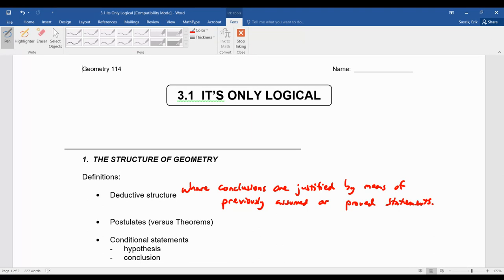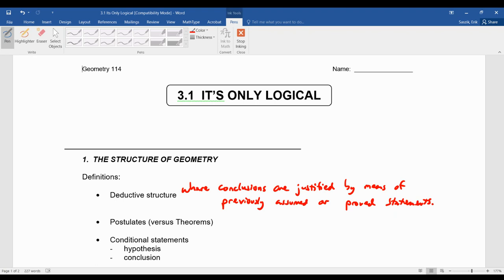There are other methods of logic, indirect proof, stuff like that. We'll be talking about some of them later on, but 98% of what we do is going to be deductive, top down, and you'll see where it goes here. We're just getting started here.